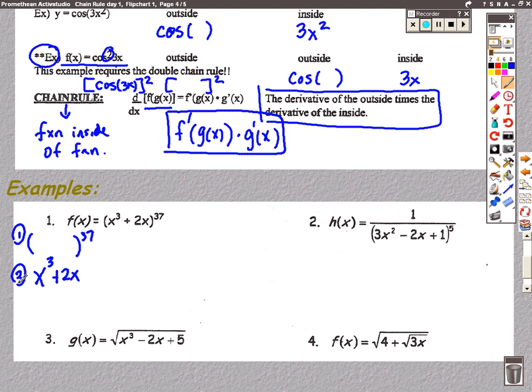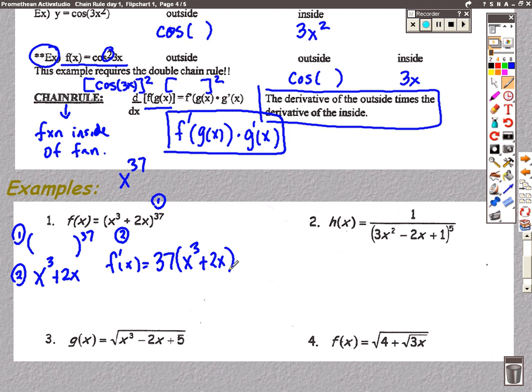So here we go. The derivative of the outside. Now again, the power is the outside, and x cubed plus 2x is the inside. So if you were to find the derivative of x to the 37th power, that's basically how you're going to treat this. You would use the power rule, so the derivative will be, bring down the power, times, think of it as the variable, times what was on the inside.